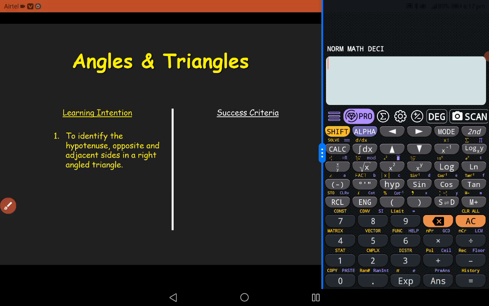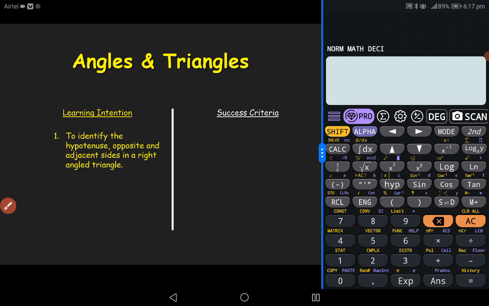The intention is for you to be able to identify the hypotenuse of a triangle, the opposite side, and the adjacent sides in a right-angled triangle. When given a right-angled triangle, you should be able to identify the sides of the right-angled triangle, namely the hypotenuse side, the opposite side, and the adjacent side.